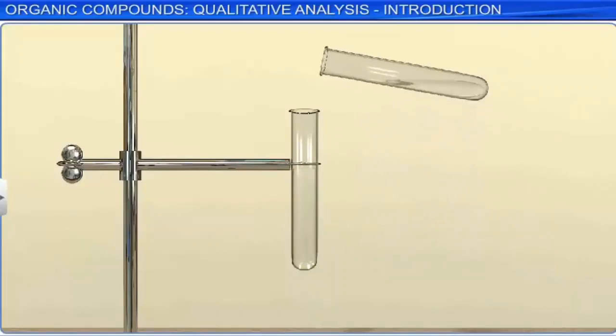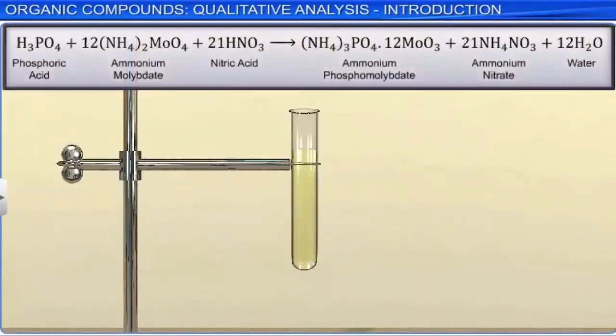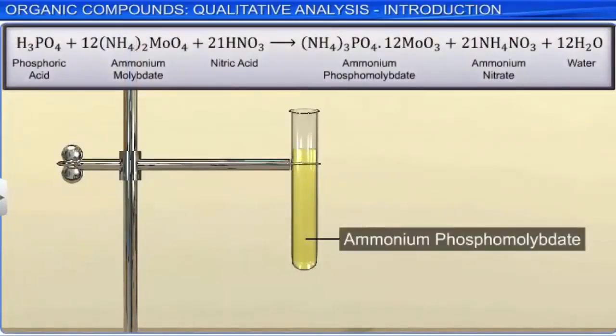If a yellow precipitate of ammonium phosphomolybdate is formed, it indicates the presence of phosphorus.